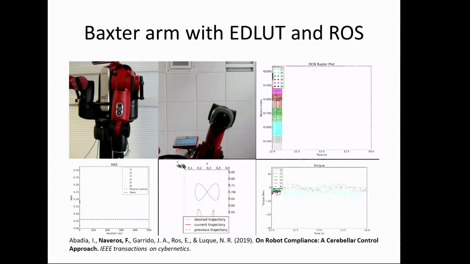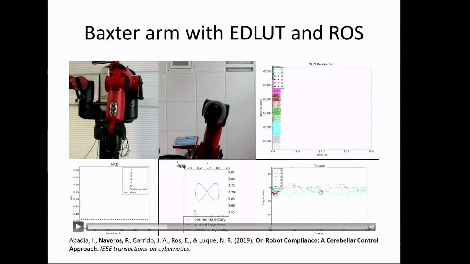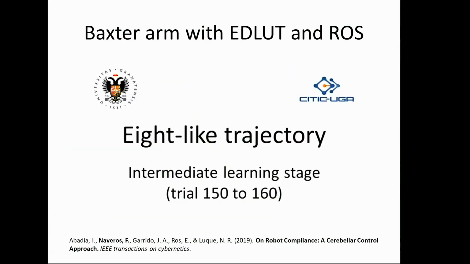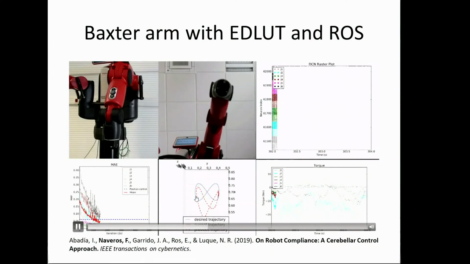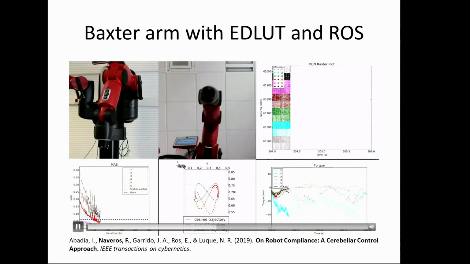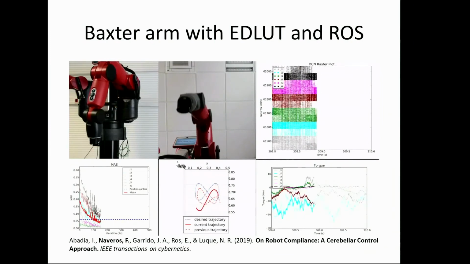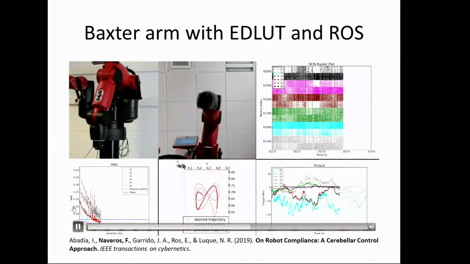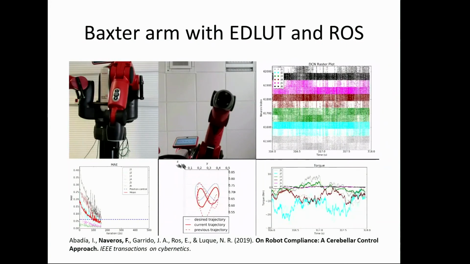So this is the activity of deep cerebellar nuclei. This is the motor command, the torque motor command. Here in blue, we have the desired trajectory, and in red, the actual trajectory in real time. And here, we see the error, the mean absolute error. The red one is the error with our cerebellar model.